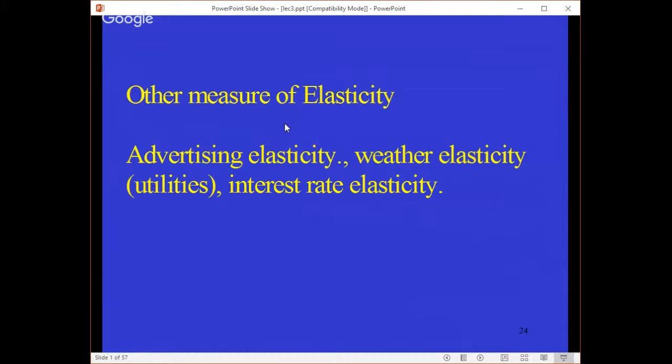Weather elasticity for different goods. They have a measure called wet bulb temperature, and that basically measures both humidity and how hot it is. That'll give us an estimate of when people are going to go out shopping, when they're not.